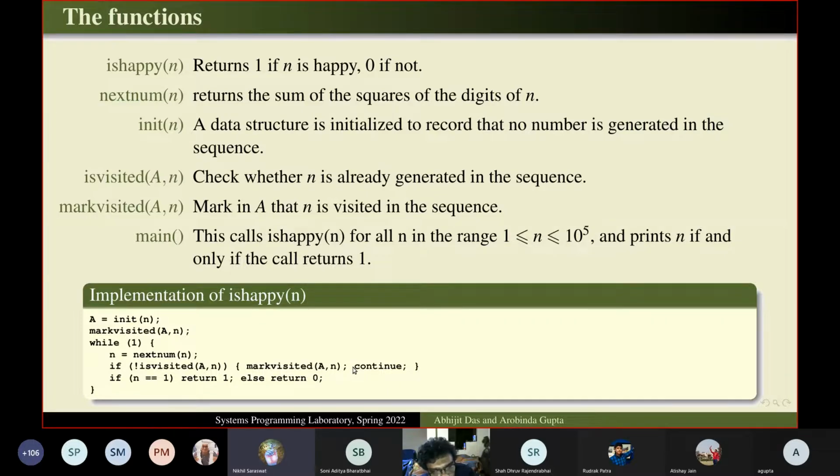Generate the next number, do the same stuff. If it is visited already, then I will check whether n is equal to 1. If so, I will return 1. Otherwise, it is in some other cycle, I will return 0.